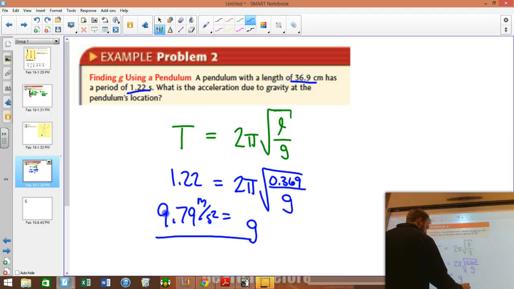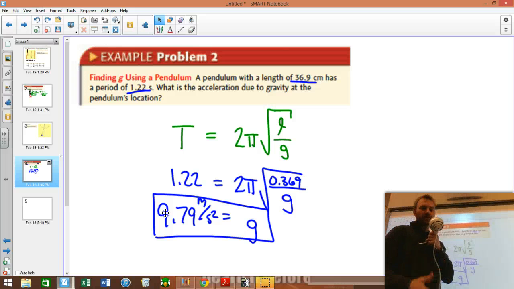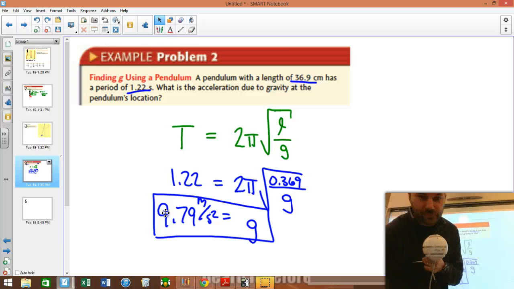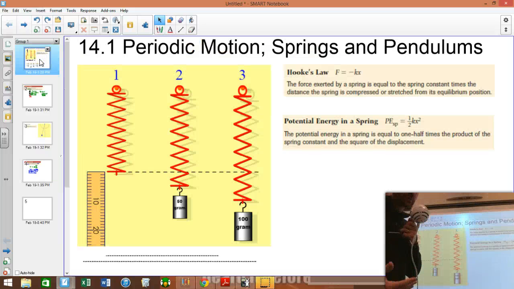And we all know that gravity is 9.8, so this is kind of neat. It's a way to figure out how much gravity you're underneath by counting what the period is, how long it takes to do one back and forth. The easiest way to do it would be to actually do it 100 or 10 times, count those, and divide by 100 or 10, and you can figure out the acceleration due to gravity wherever you're at based on that pendulum. So that's 14.1, periodic motion.